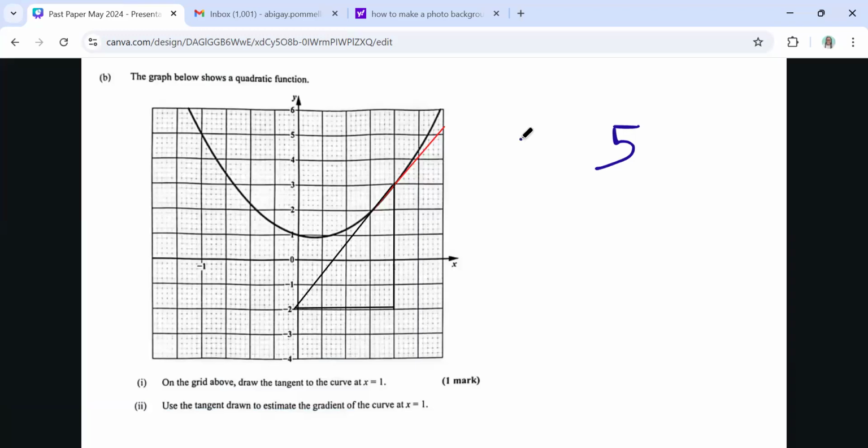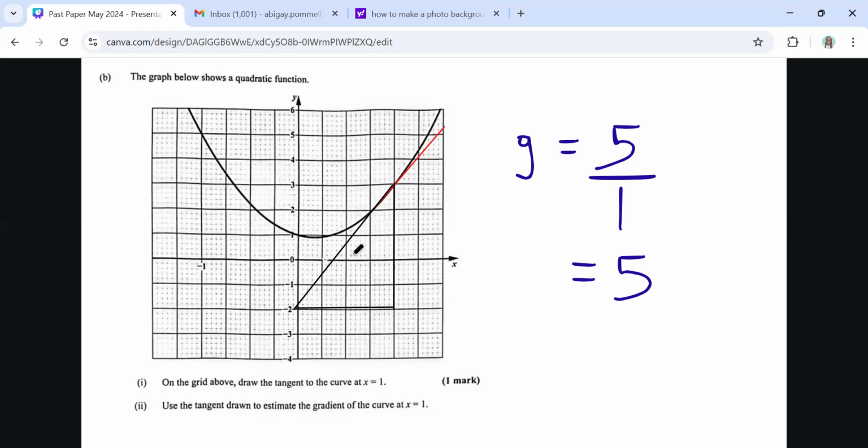All right, so our gradient, let me write G for it, is rise over run. And we know that from here to here is 1. According to the scale, from here to here is 1. So this is going to be 1. So 5 divided by 1 will give you 5. So our gradient is 5. So you have to look at the scale because they can trick you.